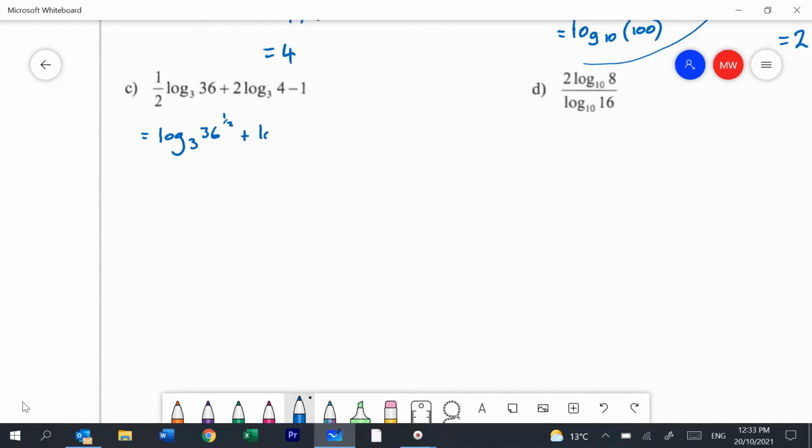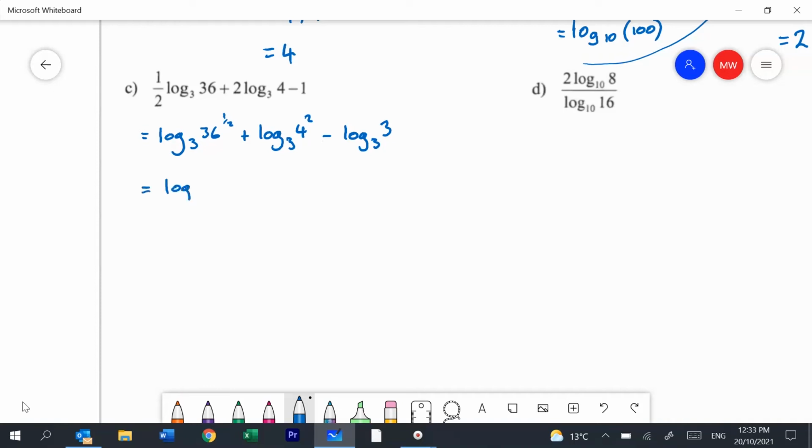We've got log 3 to the 4 squared. And then that -1 on the end, we know we could write this as log 3, like that, and that would make -1. And now what we can do is start to tidy it up a bit.